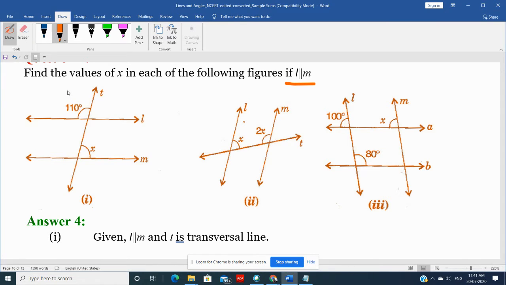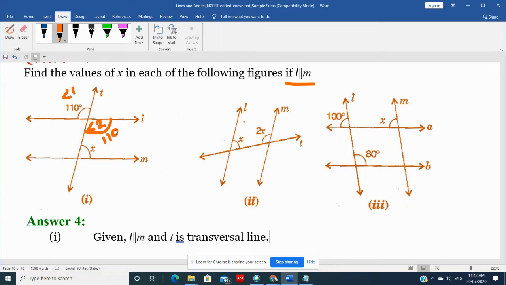But before we do that, just for convenience, we'll give these angles some names. Let's say this is angle 1, this is angle 2, and this is already x. Because this is 110, this angle 2 is also 110. The reason being vertically opposite angles.